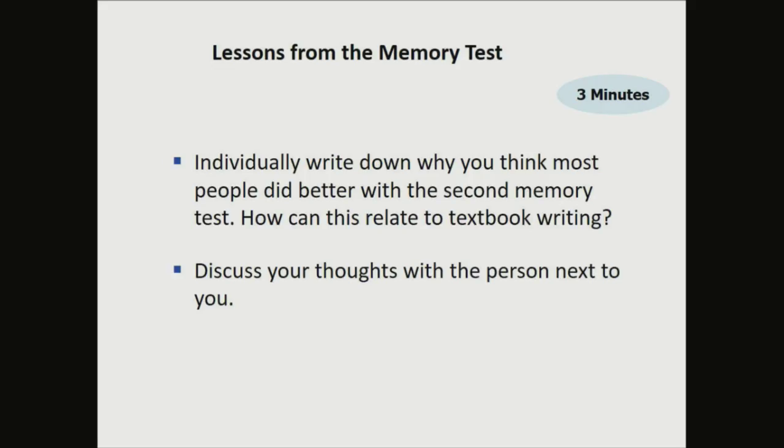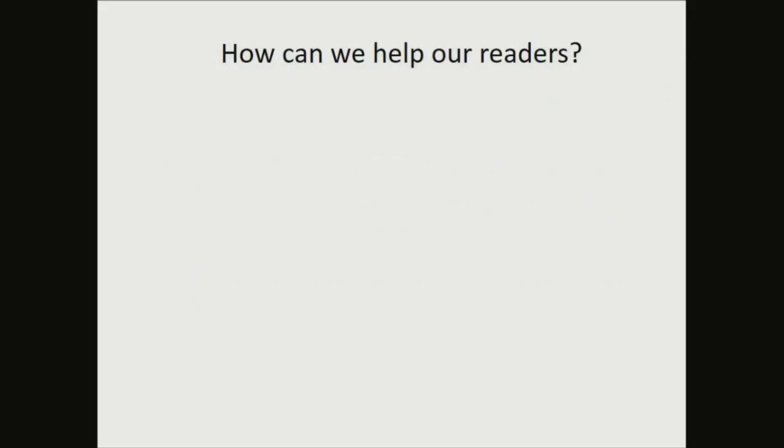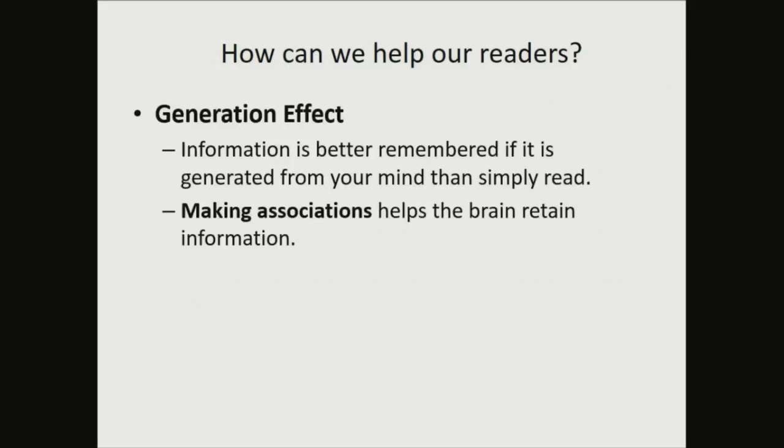Yeah, so this is something that we understand from cognitive science to be called the generation effect. This is that information is better remembered if you generate some of it, than just reading it, or picking it from a multiple choice list. If you have to write something down, you will remember it.